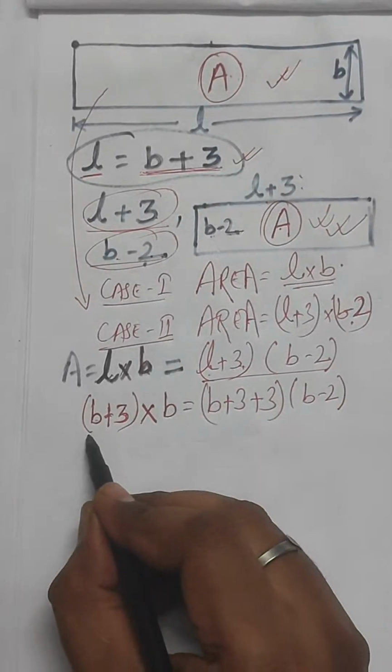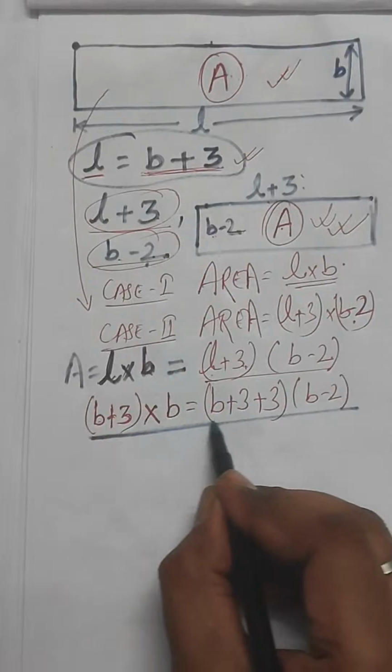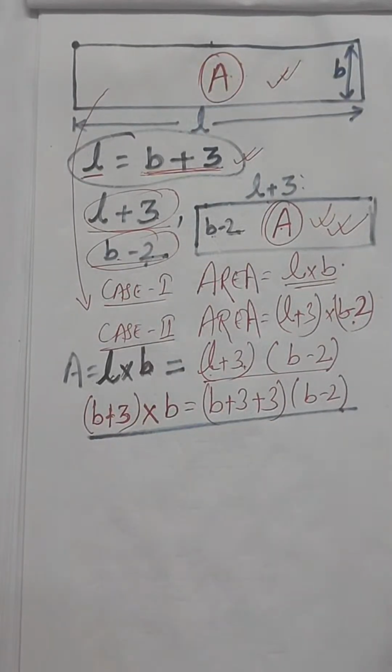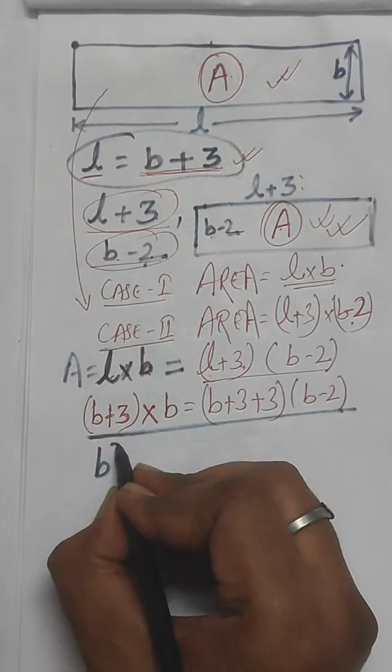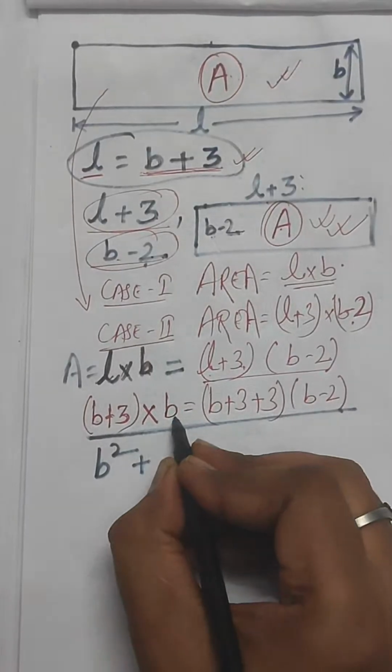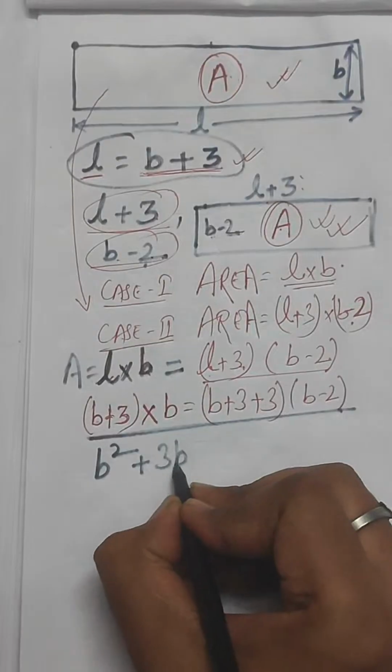So this equation can be solved to give you the value of B. Let us see. B into B will be B square, plus B into 3 will be 3B.